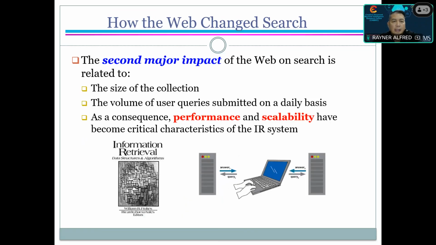The second major impact of the web on search is the size of the collection, the volume. So we need to look at scalability. How do you store the documents? How do you process them? With the advanced and powerful tools that we have, it should be no problem.